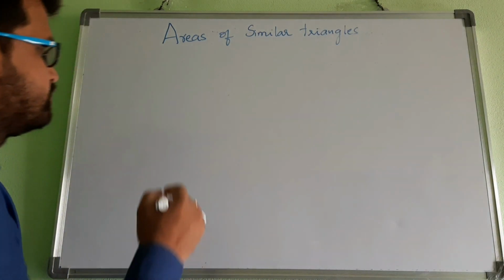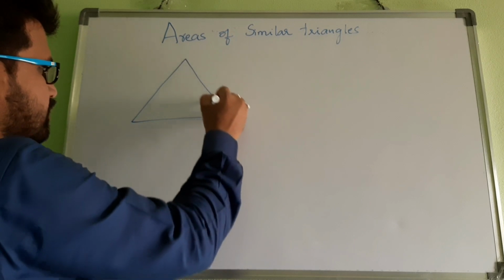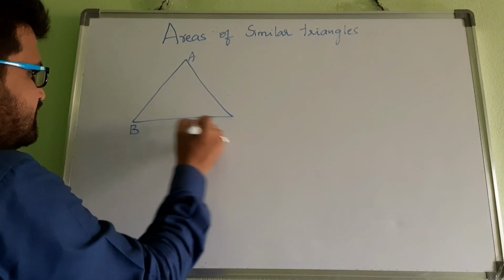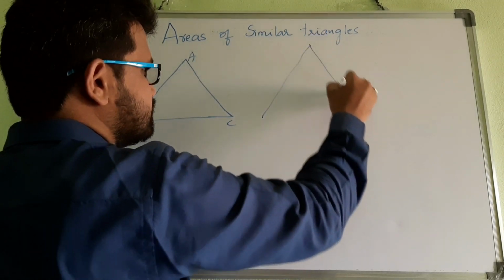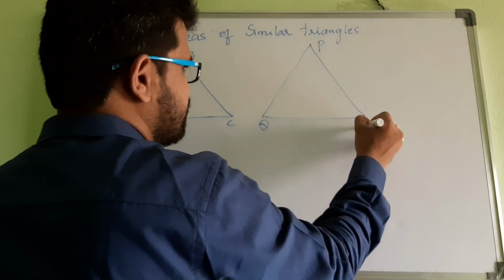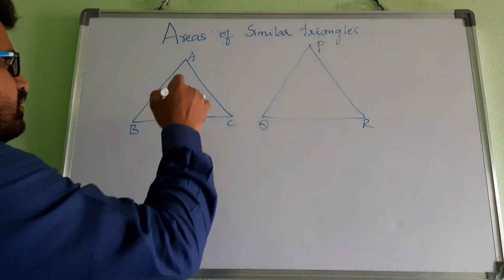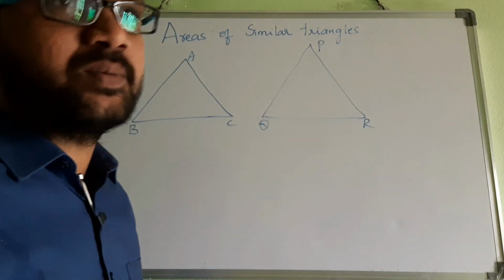Let us see that. I am taking two triangles ABC and another triangle PQR. Let us take any two triangles, and we have to find area of the triangle, so there should be a perpendicular height.